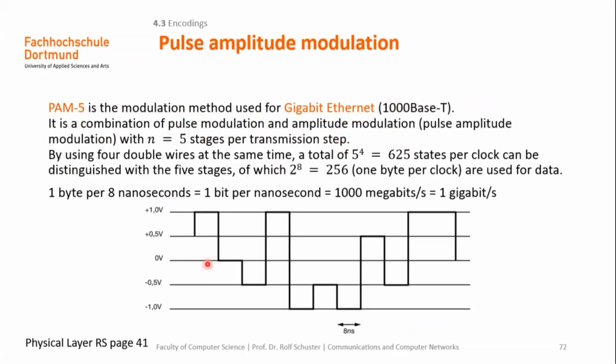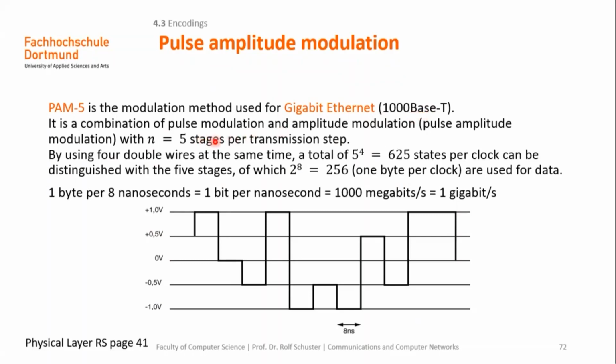Each step, the voltage level could be in one of those 5 voltage levels, and this is done by using 4 pairs of wires. In the case of 1000BASE-T, we use the four pairs to transmit 4 digital signals, each signal with 5 stages.